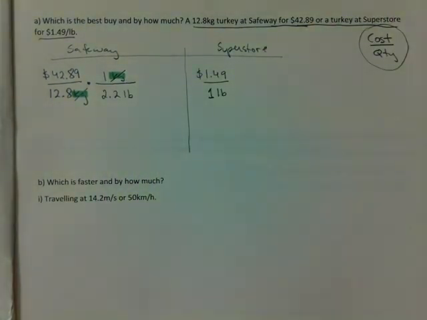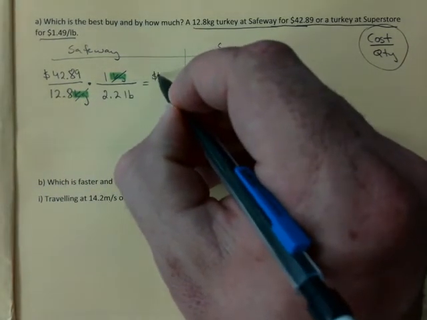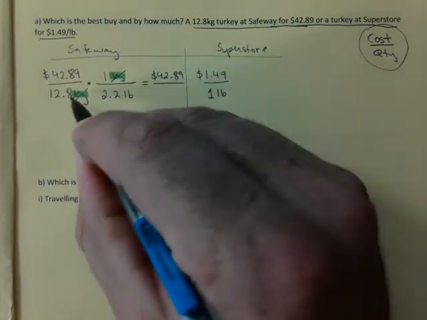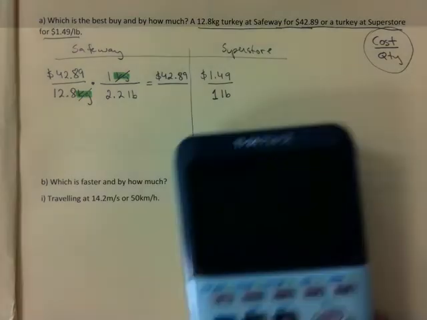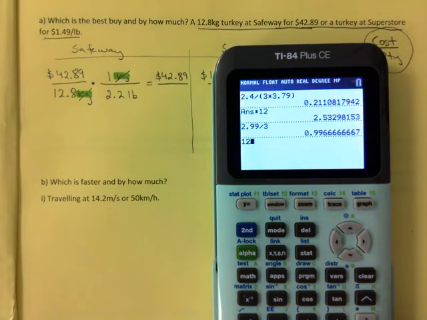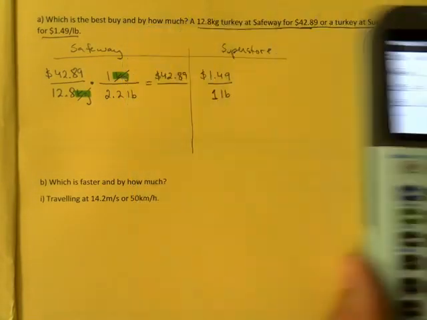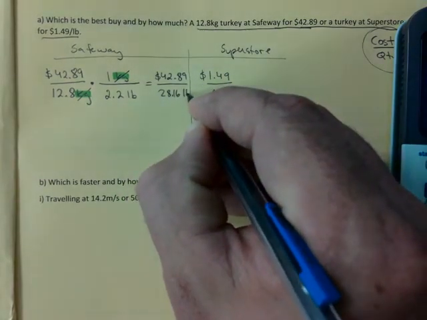And then let's figure out what that is. At the top, we stay with 42.89. In the denominator, it's 12.8 times 2.2, which is 28.16, and we are in pounds.